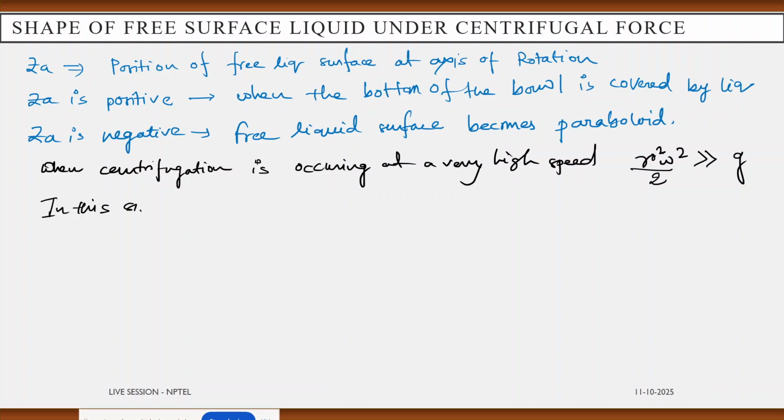In this situation the free surface becomes nearly vertical instead of a paraboloid, and for that ZA becomes very negative. So now we have a clear idea about how the free surface of the liquid acts under centrifugal force.